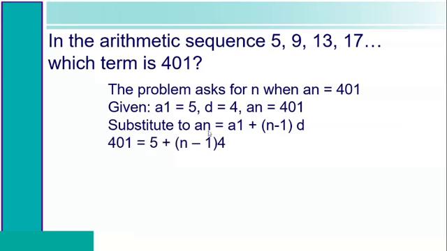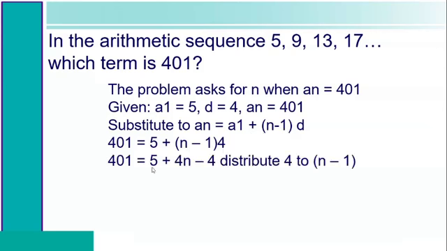So that is now our an is 401, our a1 is 5, and our n is unknown, minus 1, and for our common difference is d. So we will just distribute 4 to n minus 1.